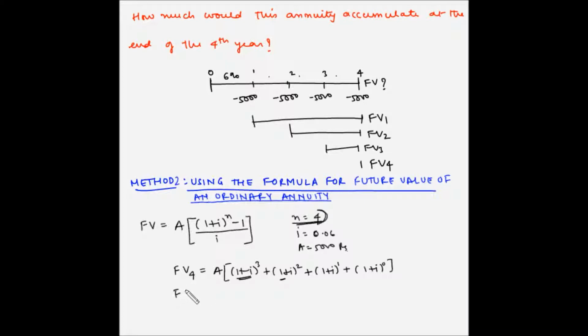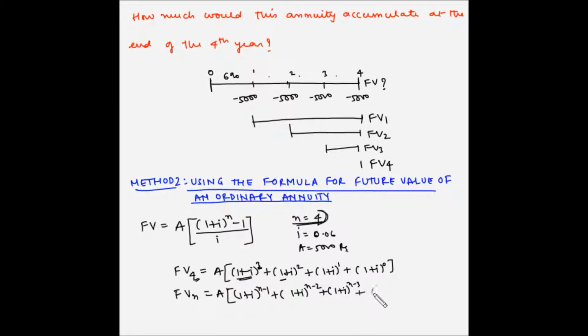Now when we were trying to generalize this with N, we had considered 1 plus I to the power N minus 1. So 3 became N minus 1 because N is 4, plus 1 plus I to the power N minus 2, plus 1 plus I to the power N minus 3, plus 1 plus I to the power N minus N, because N is 4, so N minus N becomes 0.